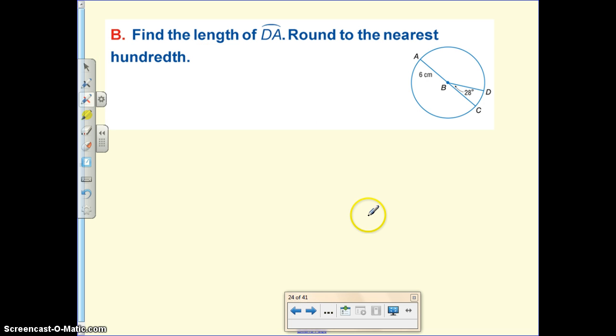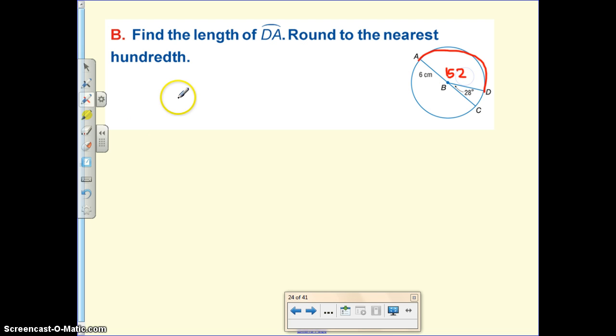All right, find the length of DA, again, round to the nearest hundredth. So DA is this arc right here. And if we know that this is a semicircle, then DA is going to be 180 degrees minus 28. So this is 152.